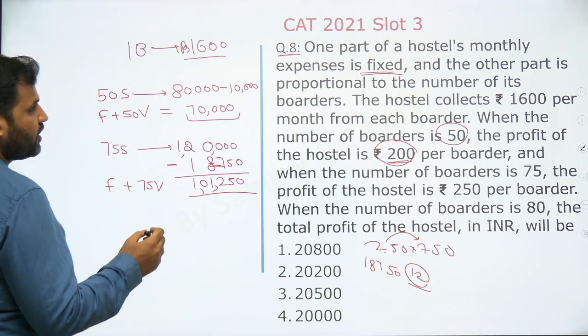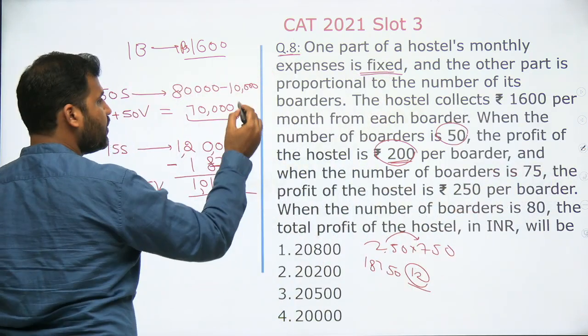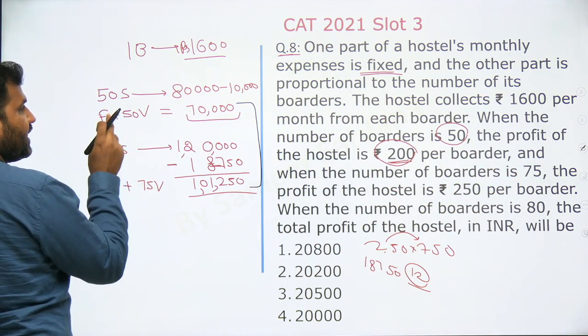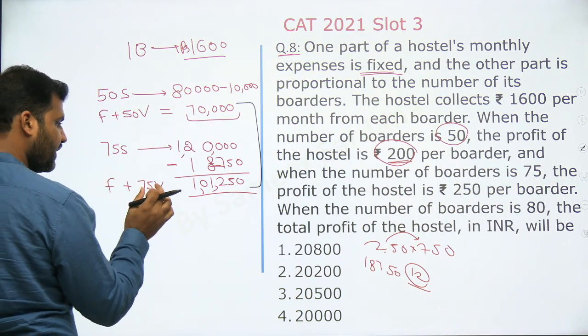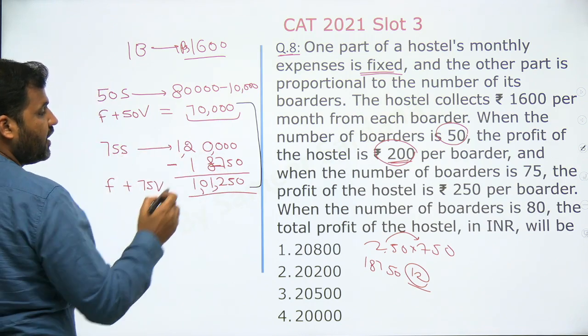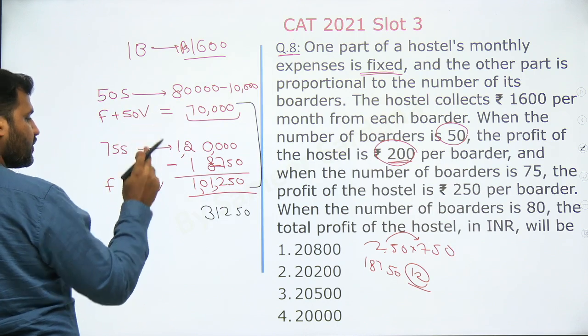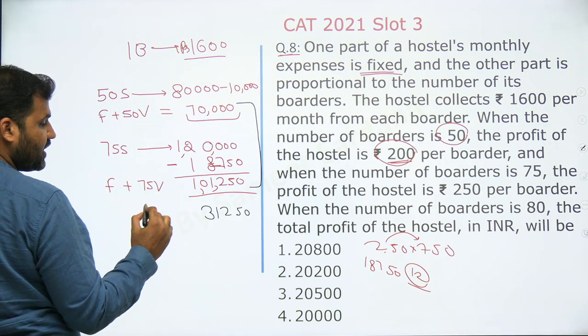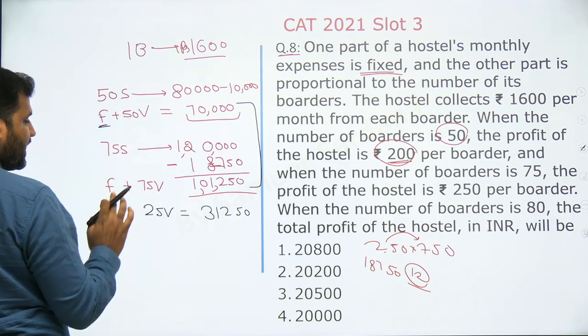Now you see that your total expense here is going up. Here fixed plus 50 times variable expense is 70,000. Here fixed plus 75 times variable expense is this. Your total expense goes up by 31,250 when the number of students changes by 25. So can I say 25 students' variable expense will be this much, because the fixed part is constant?